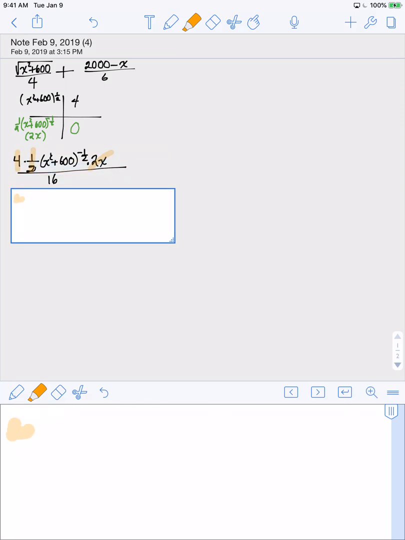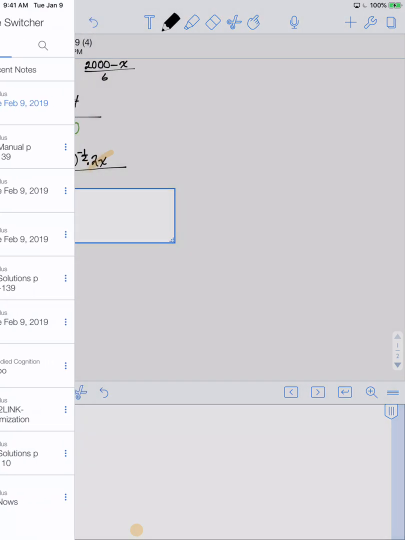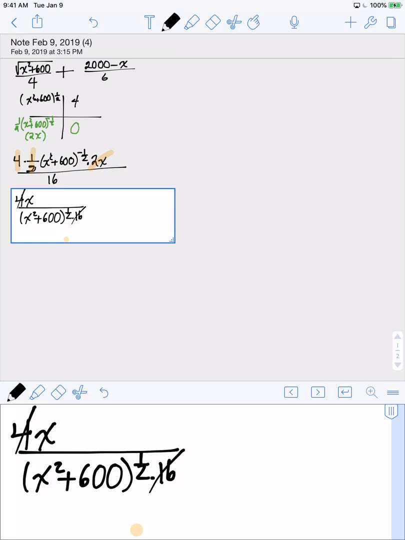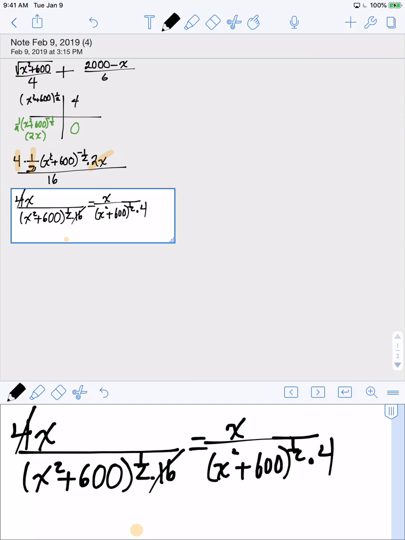So I have here 4x over, and since it's a negative exponent, that's going to go on the bottom, x squared plus 600 times the 16 that's already in the denominator, and I can even reduce that. So now I'm left with x over x squared plus 600 to the 1/2 power times 4. And I can put the 4 in the front if I want.